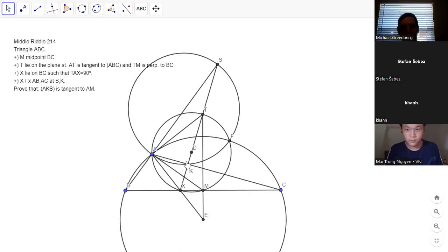So yeah, we'd want to show angle MAK is ASX. All right. We could look at this for like 2 more minutes. I won't type it up if we figure it out, but let's see.